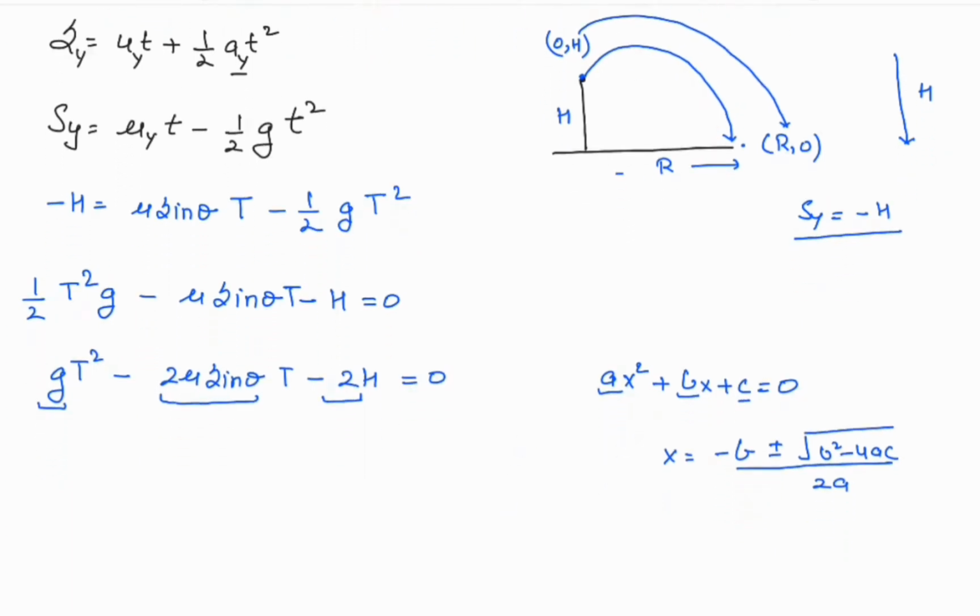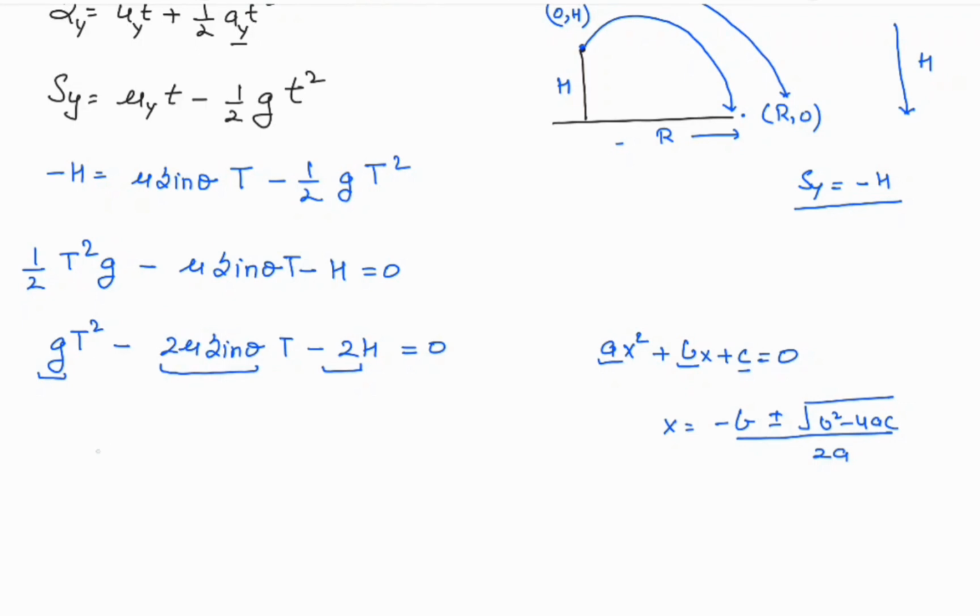Now, the same I am going to use to find the value of t. Here the variable is t. T will be minus b, and minus b is 2u sine theta, plus minus under root of b square minus 4ac.